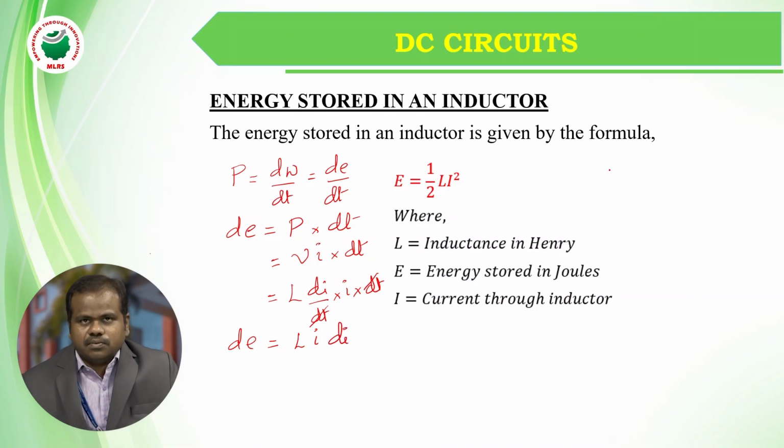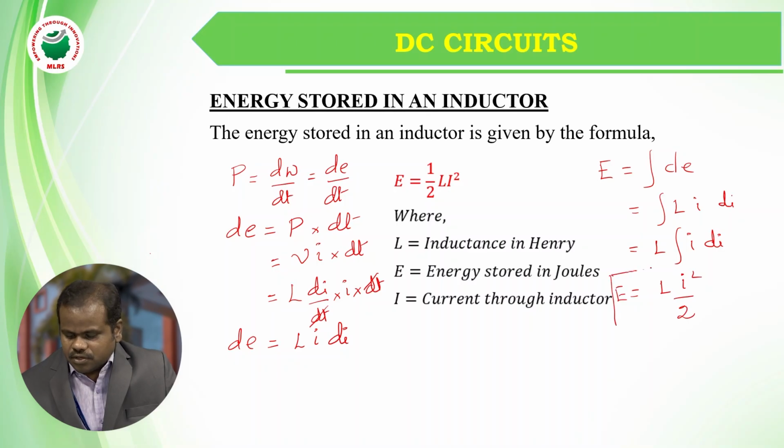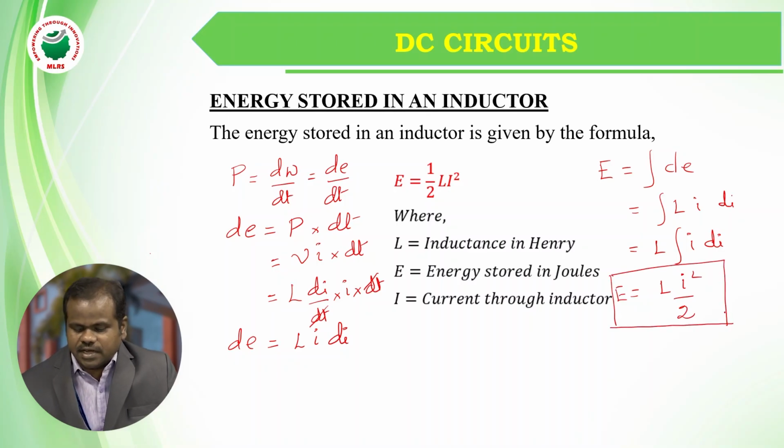So in order to find the total energy stored in an inductor E, it is given by integral of dE, which is nothing but integral of L I dI. L being a constant parameter, it is given by L times integral of I dI. So integral of I is I square by 2. So from this, the total energy that is stored by an inductor is given by half L i square.